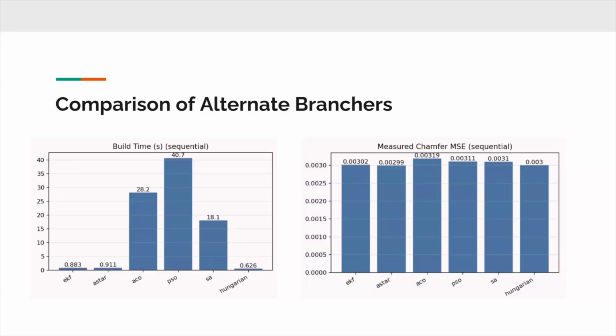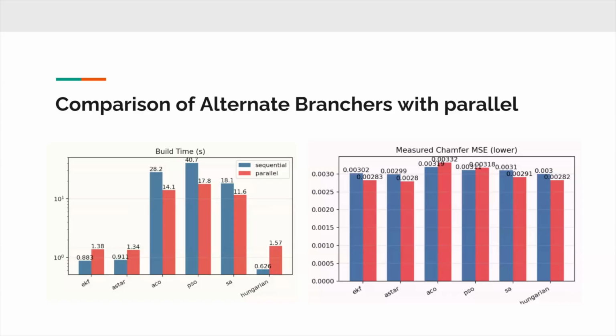And then with implementing the parallel, or the collaborative, approach, you're able to see that for the much longer processes, the parallel does speed up the times, but for some of the faster ones, it does slow it down a bit.